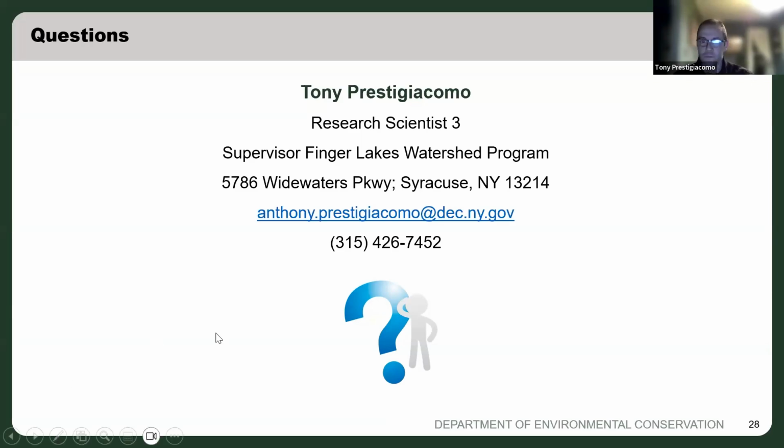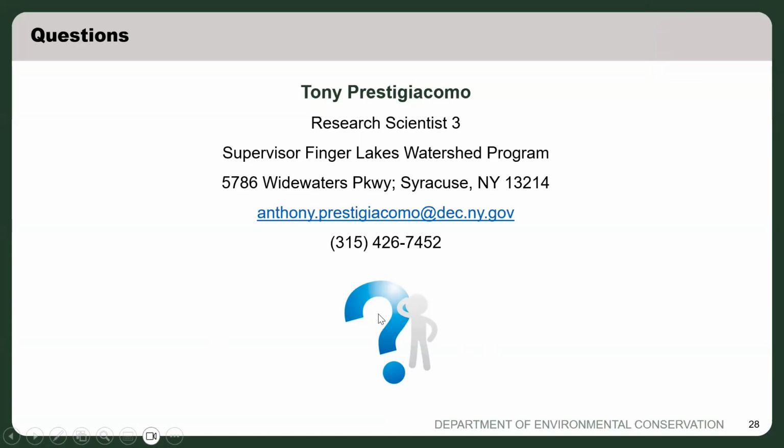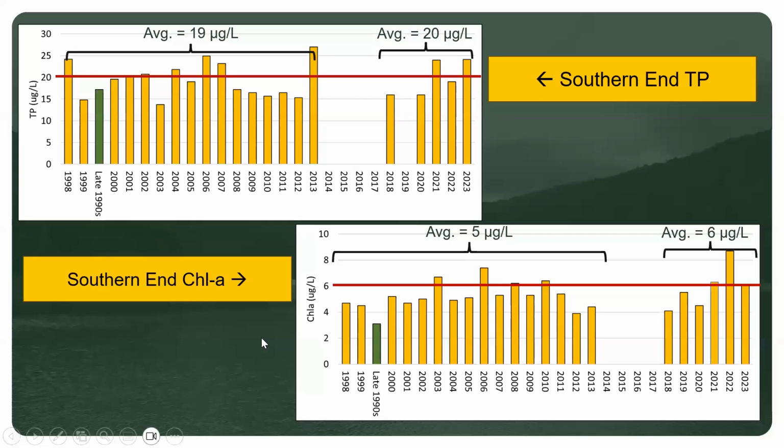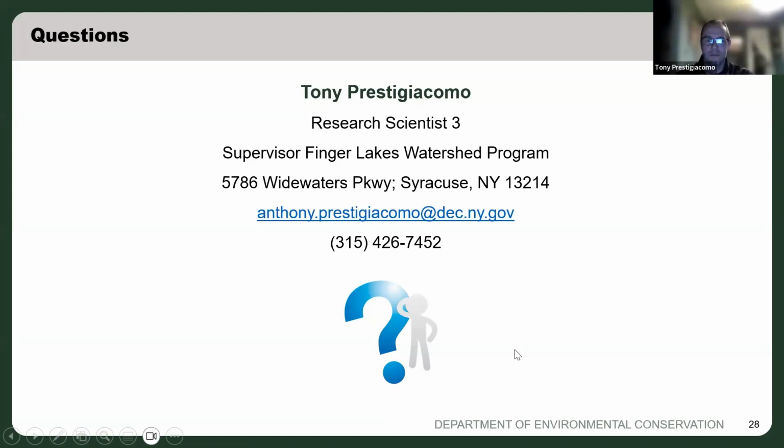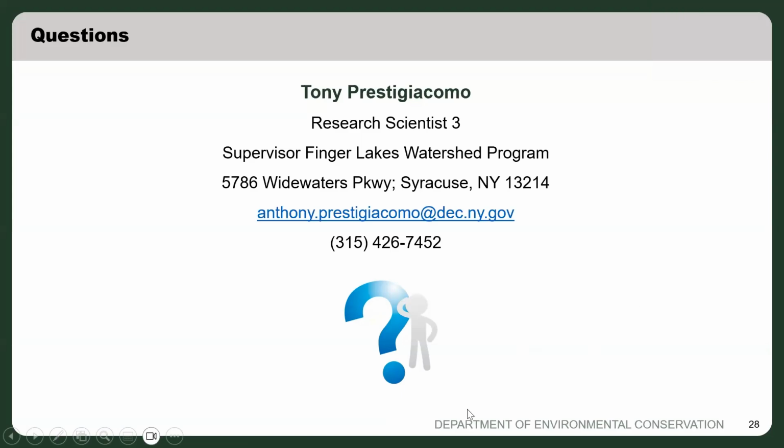So I see a question from Eileen. Hi, Tony. So the CAFO permit currently allows the application of more phosphorus than is needed for the crops based upon Cornell's P index. Given that, is DEC considering changing the permit for CAFOs within the Cayuga Lake watershed to not allow this over application?